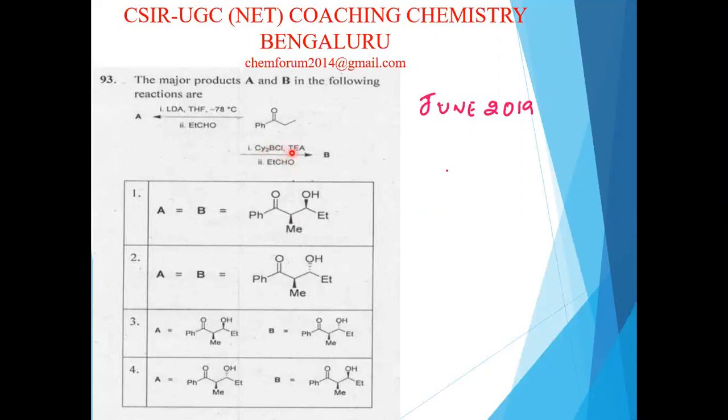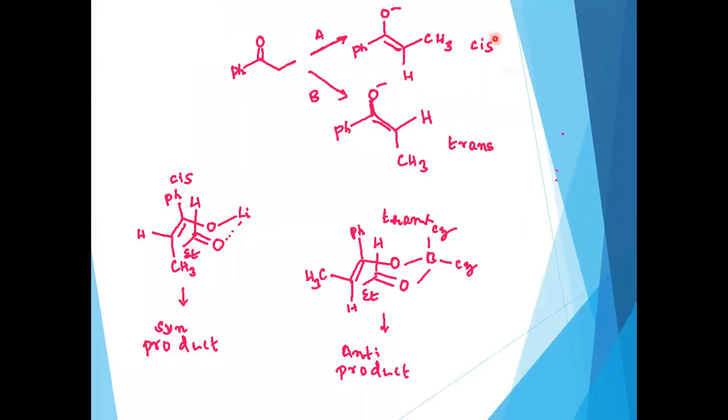Now a bulky boron reagent is used here for getting the product B, to generate the enolate from this starting material. And we'll see what kind of enolates are generated from this starting ketone.